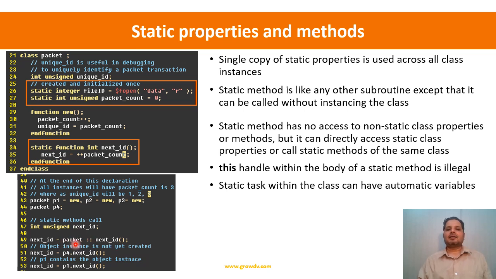I can say packet, which is a data type name, then the scope resolution operator indicated using the double colon, which we had seen even in the case of the extern keyword, and then call this function. So this is the static function. Any static function of a class can be called without creating an instance of the class.